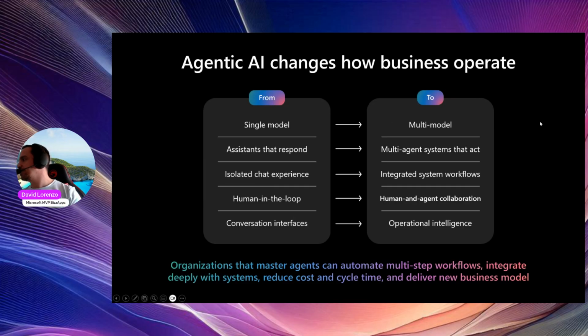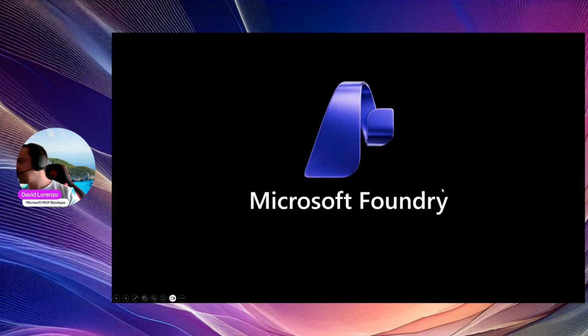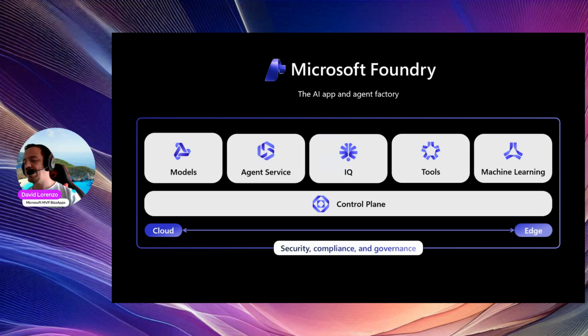If we continue, we see the center of our operation, the center of our multi-agent system is Microsoft Foundry. And inside it, we will see the new interface that is very well sectioned in models, agent service, IQ, our knowledge, tools, and machine learning.